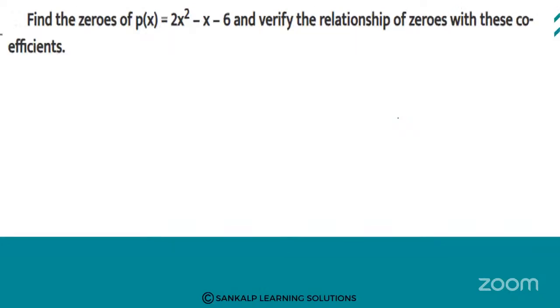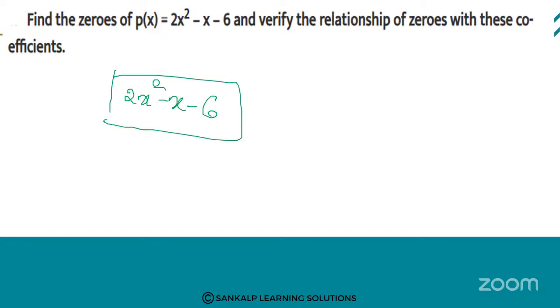Yes, write down 2x square minus x minus 6. All of you tell me the answer tomorrow. Find out the factors by using the factorization method.